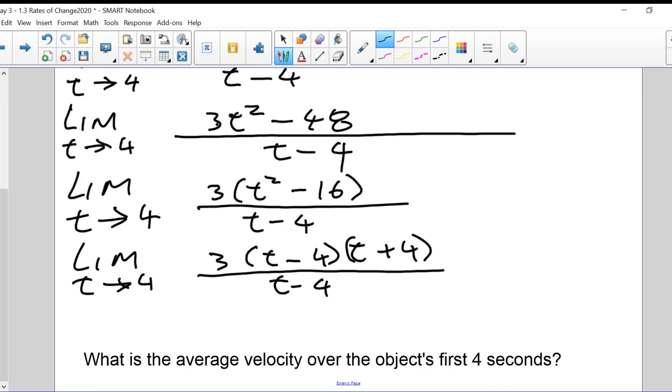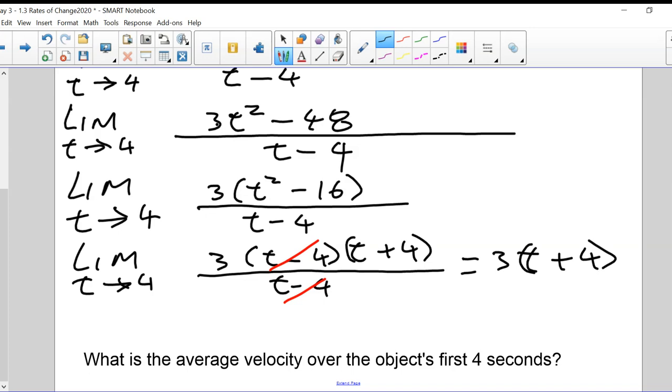Okay, thank you, Kush. Good. So what we really seem to be left with then, and that's good that the denominator drops out, is 3 times t plus 4. That's what we're left with.